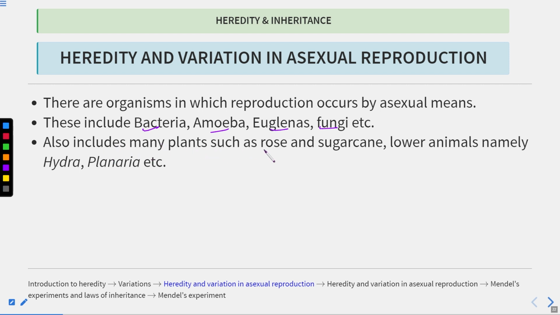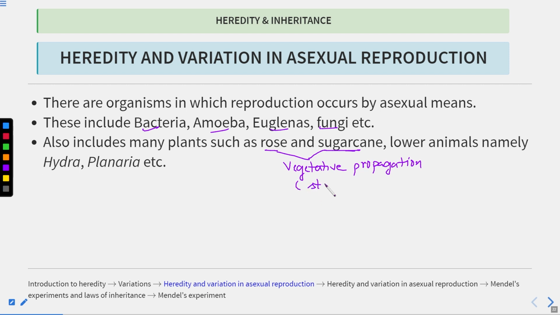It also occurs in plants such as rose as well as sugarcane. In sugarcane or rose, asexual reproduction takes place by the process of vegetative propagation. So vegetative propagation is a type of asexual reproduction. Okay, so here what happens?